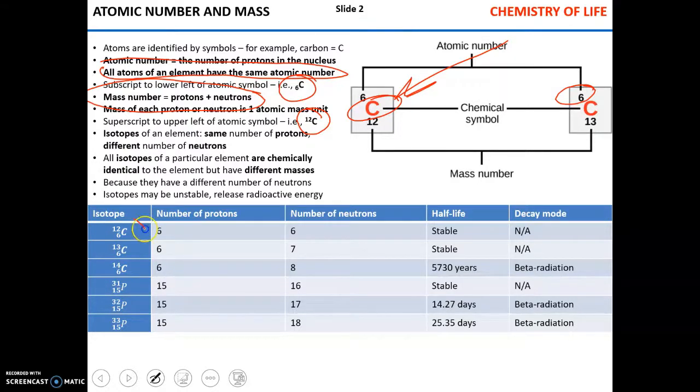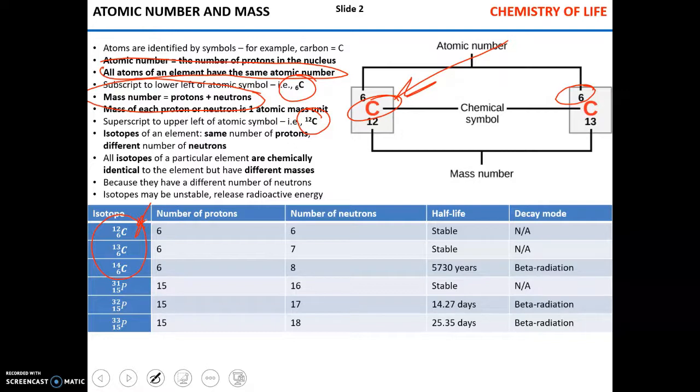A few examples are here. I show you 3 isotopes of carbon. An isotope of an element has the same number of protons, it's always 6, but a different number of neutrons.